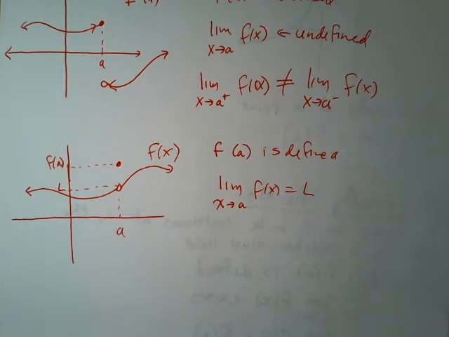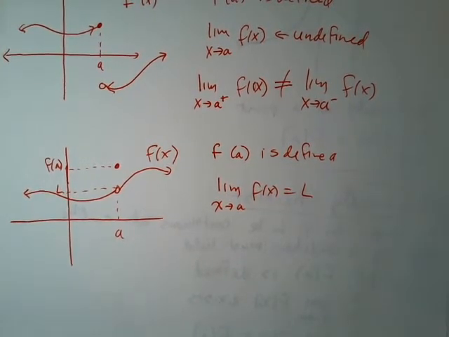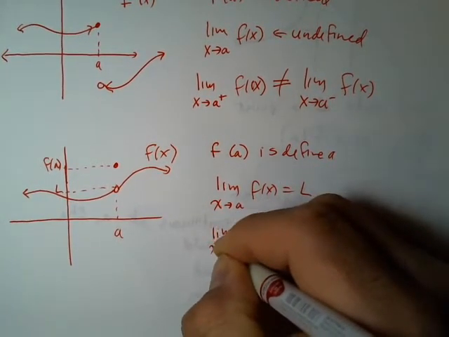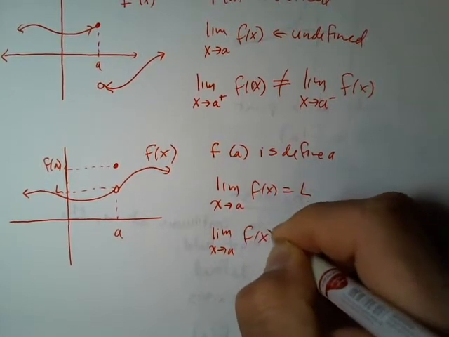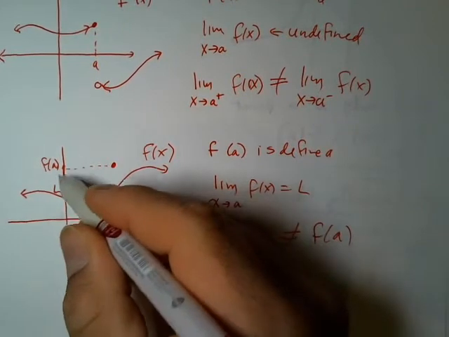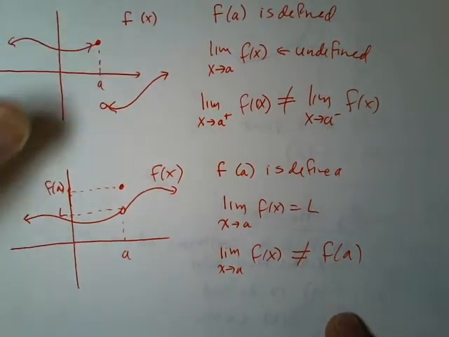So we have 1 and 2, but that's still not enough. The limit as x approaches a of f of x does not equal f of a, as we can see those are two separate values. So we do need all three to be satisfied in order to say that a function is continuous at a point. That's the definition of continuity.